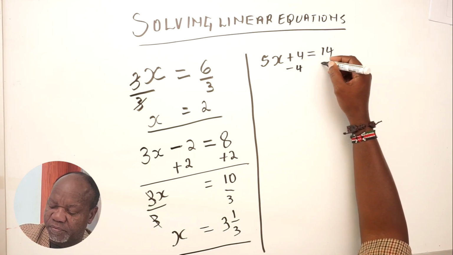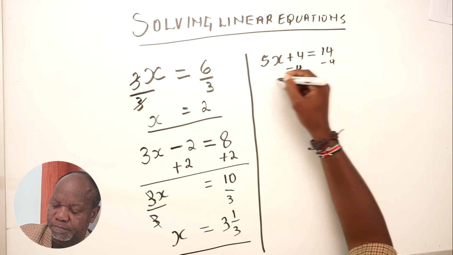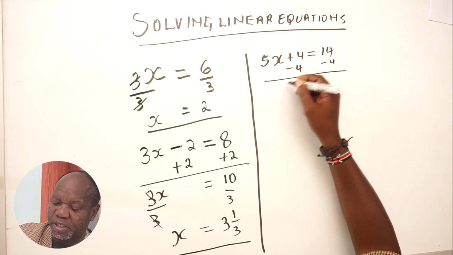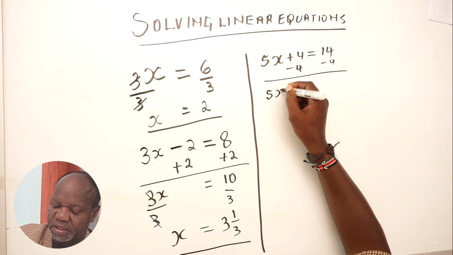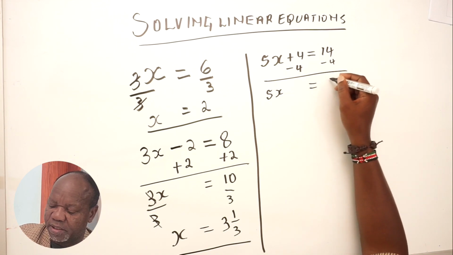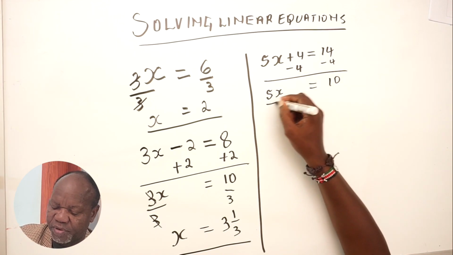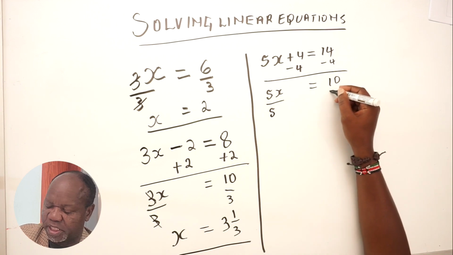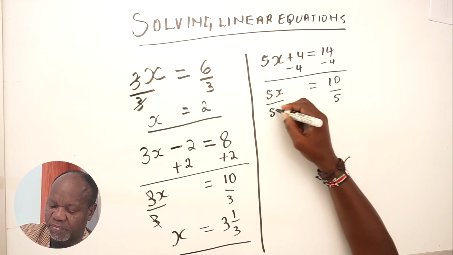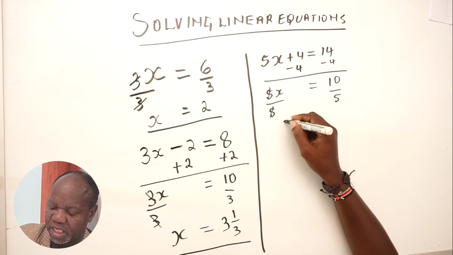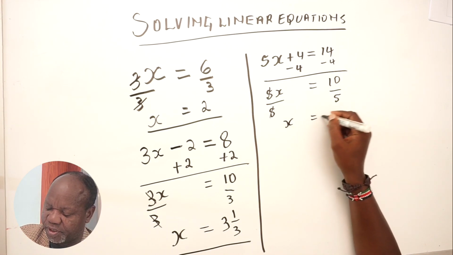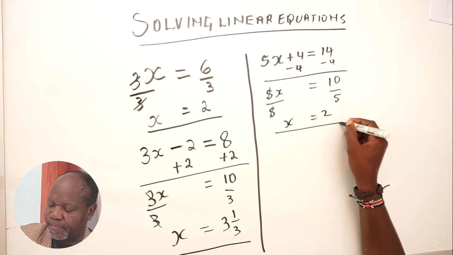But what you do to the left, do to the right. Then you now have only 5x being equal to 10. Now we can remove the 5 by dividing by 5 both sides. And we end up with the 5 cancelling that. x is alone. 10 over 5 is 2. Okay.